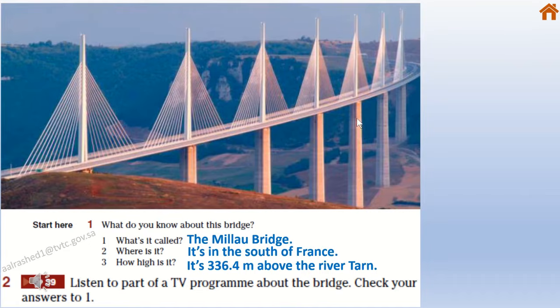A pier functions as a base where you can hold the deck. This is a deck, as you can see. This is a deck, not a road. A deck is where you put the road on.